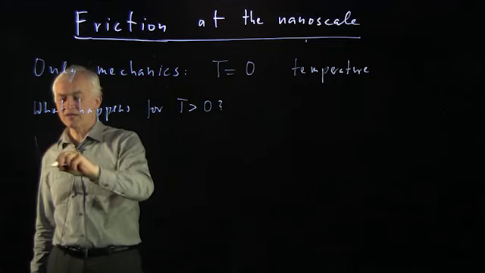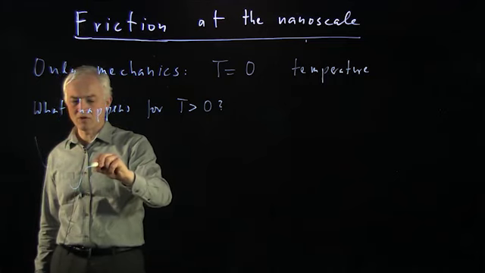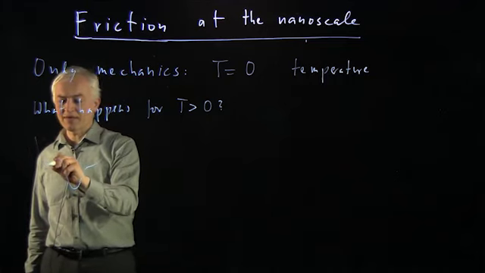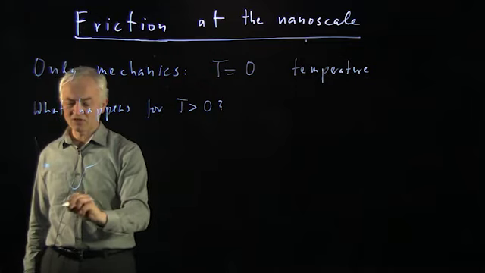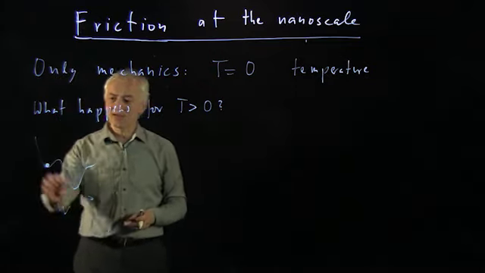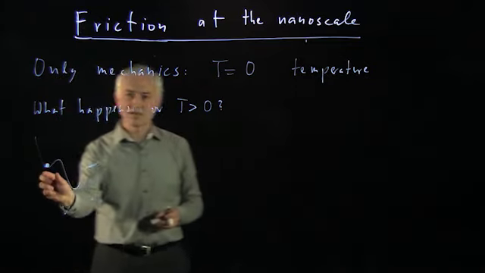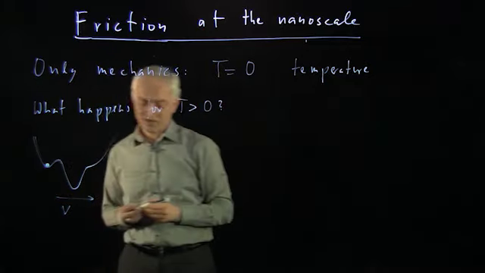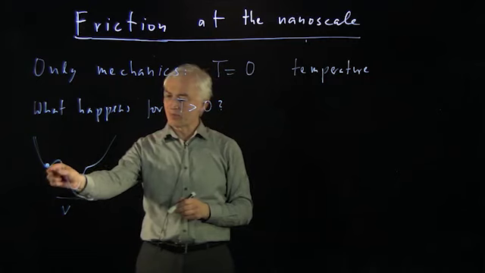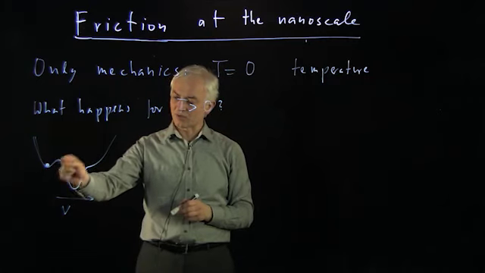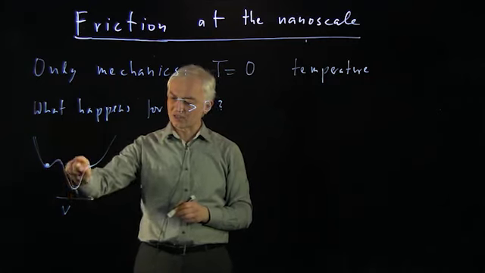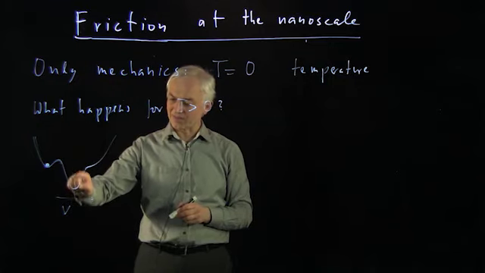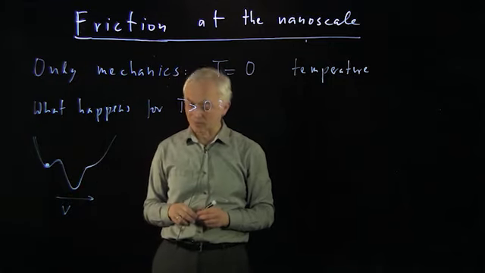Well, if you think back to our simple single atom model of friction, where maybe an atom is stuck here as the potential is moving with some velocity v, then in the 0 temperature limit, this atom would only be released at a time when this minimum actually disappears, and then it would have a high energy and it would dissipate this energy to be cooled to the next minimum.